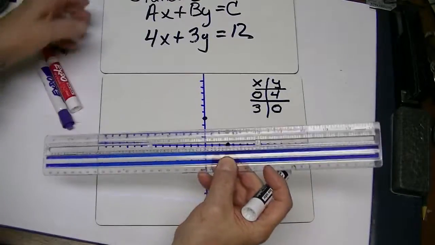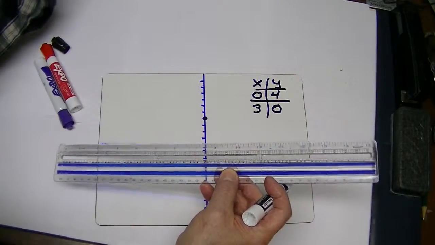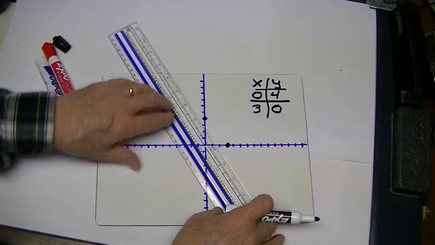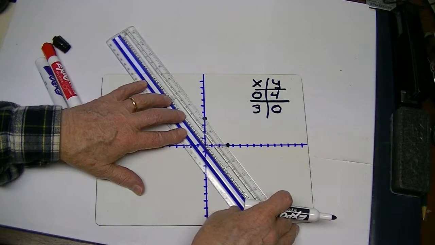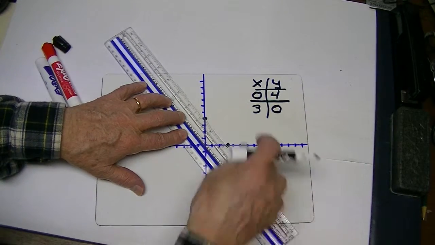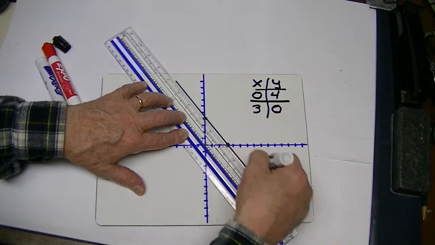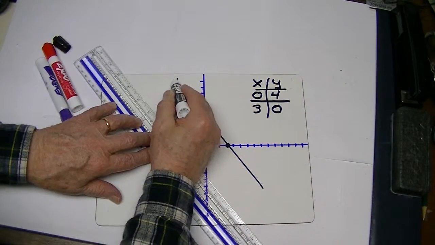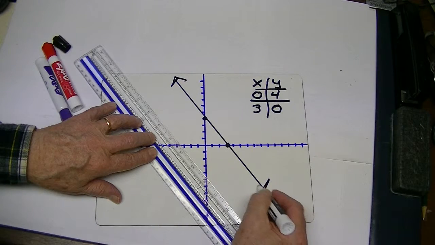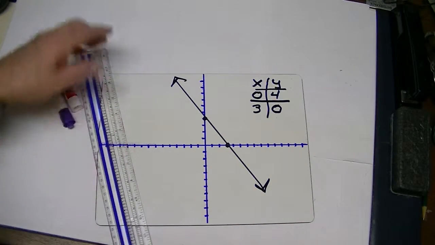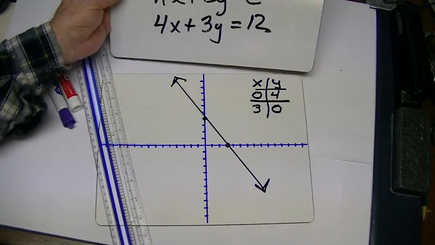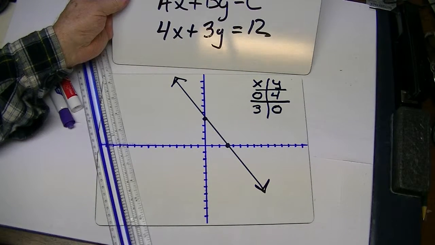Well, I take my ruler, line this up, and there is my graph of this particular equation in standard form.